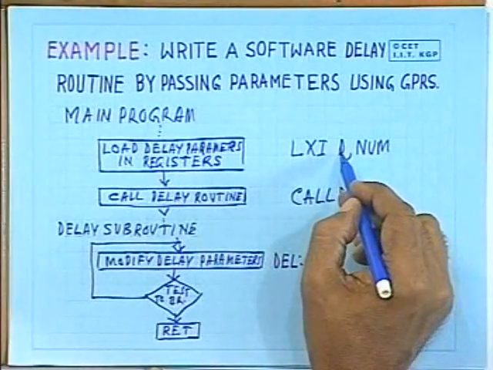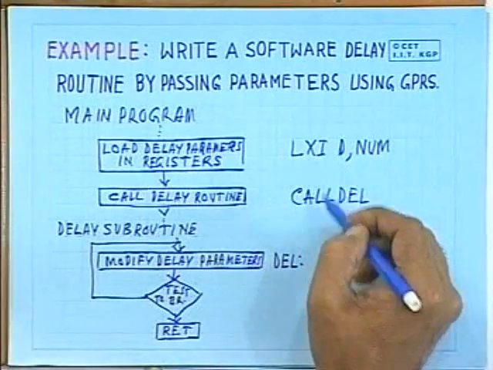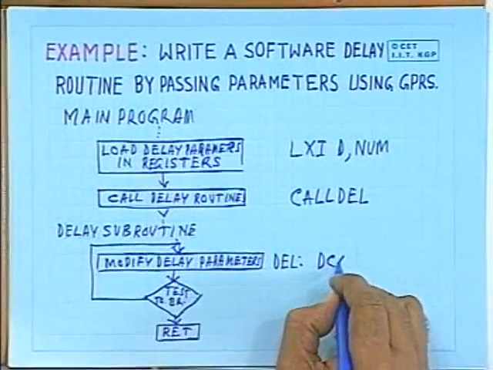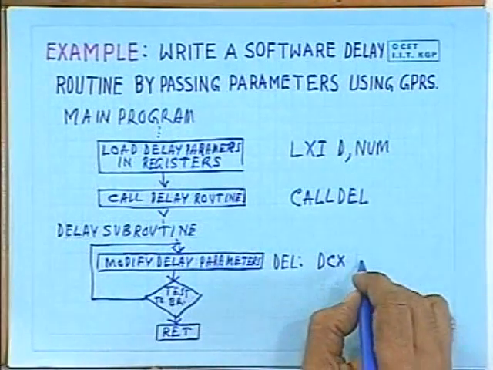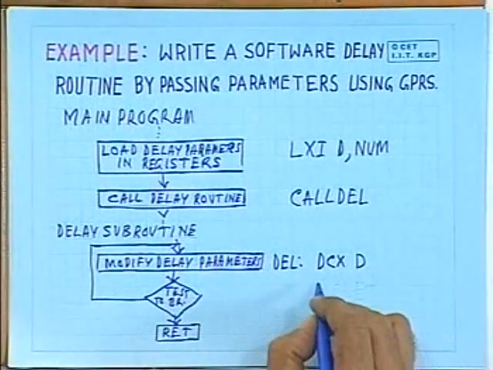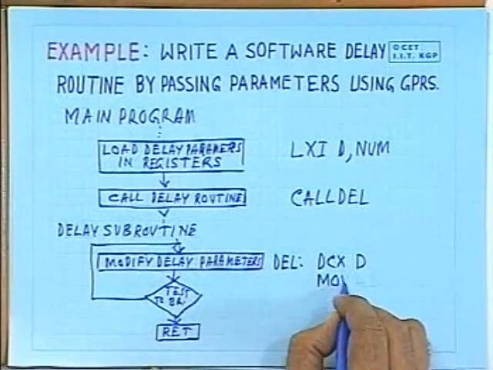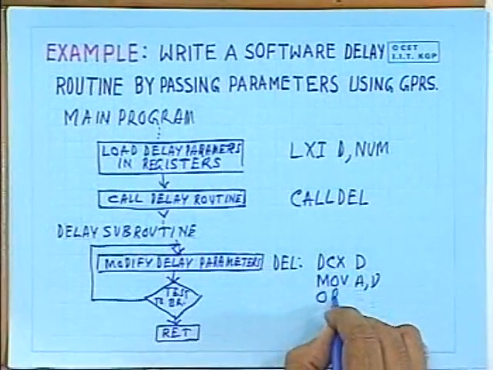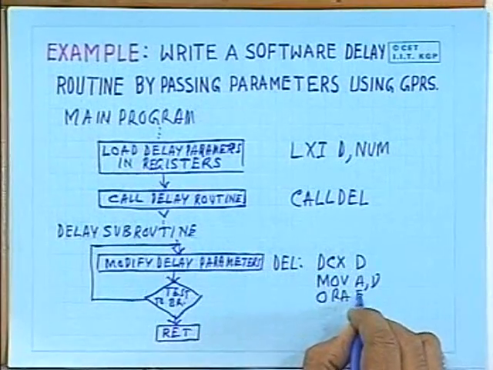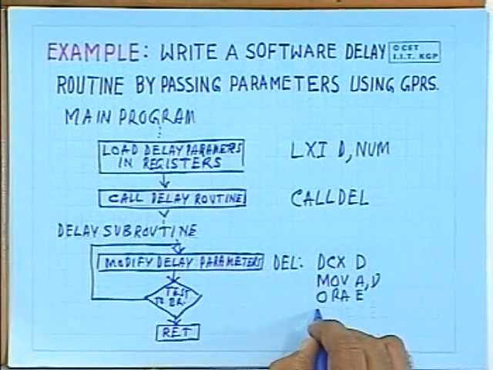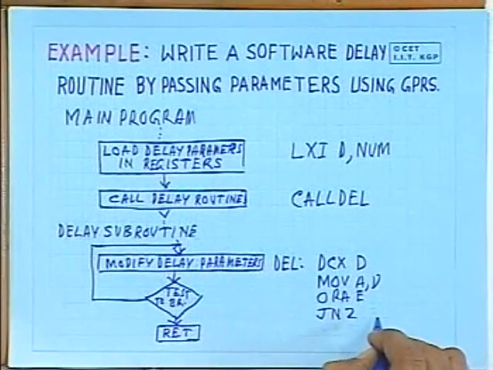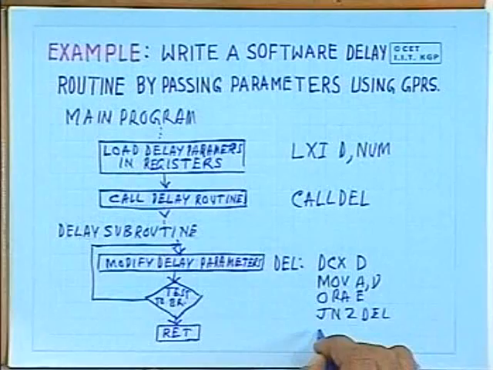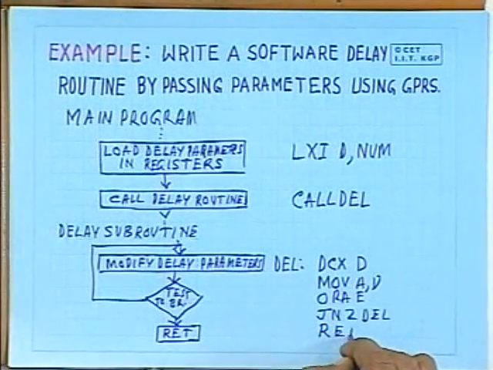So we see that through the D register we are passing the parameter to this subroutine, and you have to use DCX, modifying the parameters, DCX D, then the usual thing, so that the flag bit is modified, whenever D becomes 0, JNZ del, so it loops and then return.